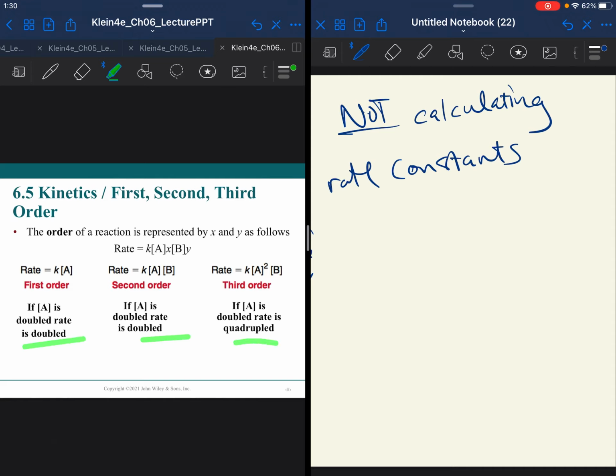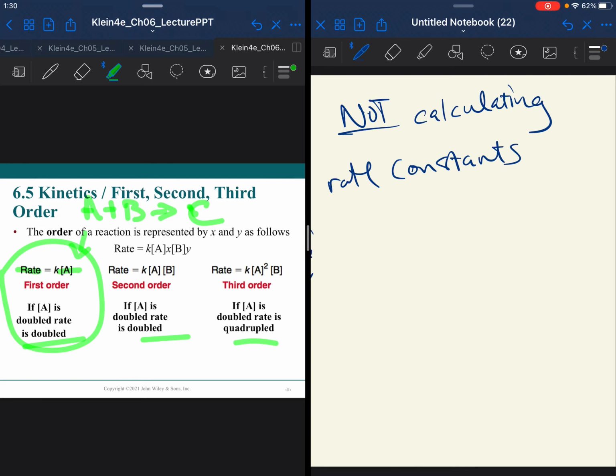So first order, second order, third order, that had to do with, right, how is the rate affected by the concentration of the starting material? If you only see A, let's say this was our A plus B yields C. If the rate law only has A in it, that means as long as B is present, the reaction will go forward.